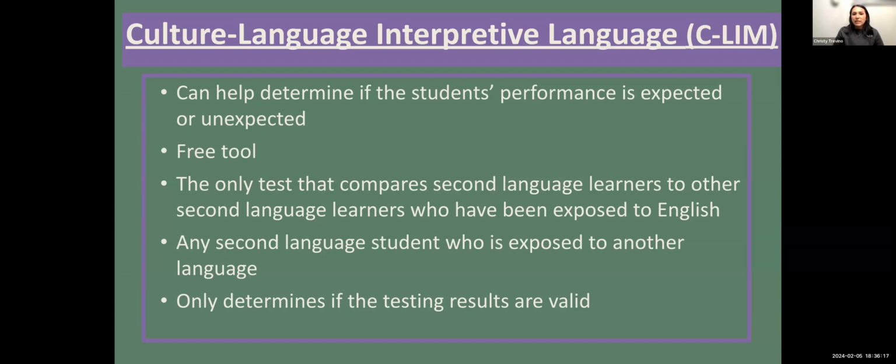It's the only tool out there that compares second language learners to other second language learners who have been exposed to English. It gives you the information on whether the student is performing as expected or unexpected.